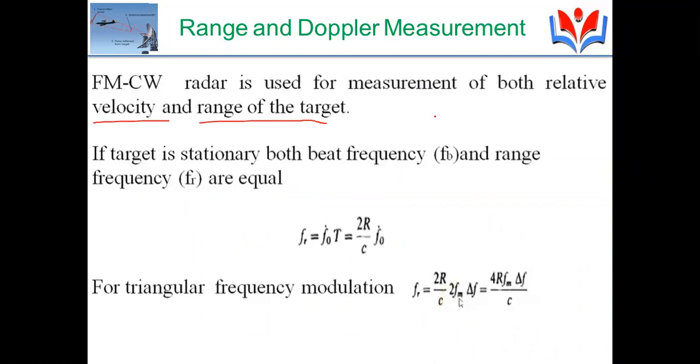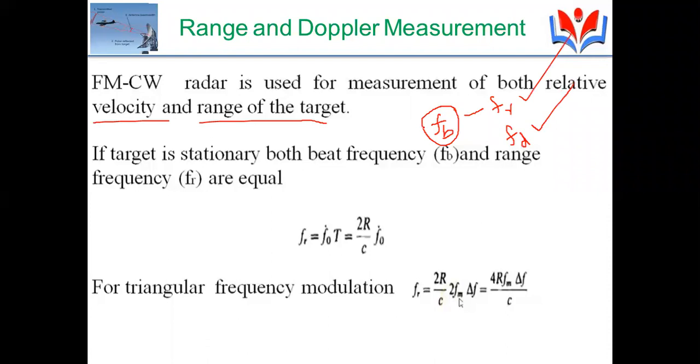We call the received signal's frequency FB, the beat frequency. The beat frequency is the combination of both the range frequency FR as well as FD. FD means Doppler frequency. The range frequency is responsible for representing the range, and the Doppler frequency is responsible for measuring the relative velocity.